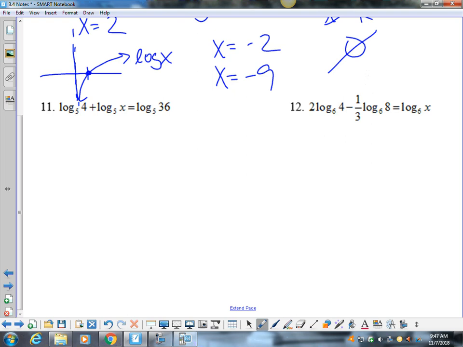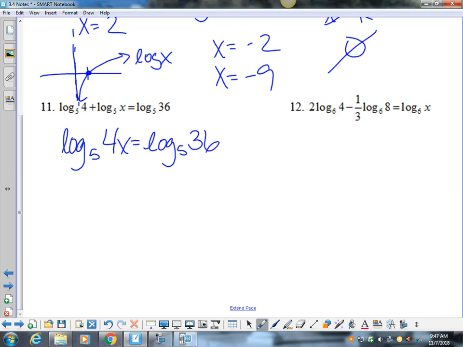Okay. How many logs you got? Can I 5 it, 5 it, 5 it? No, no, no. It is addition, which condenses to multiplication. So this side condenses to log base 5 of, equals log base 5 of 36.